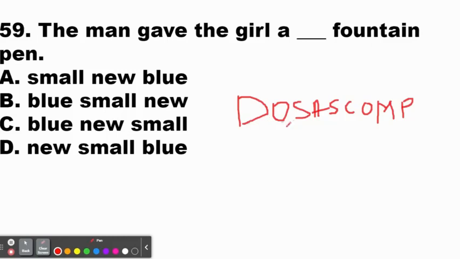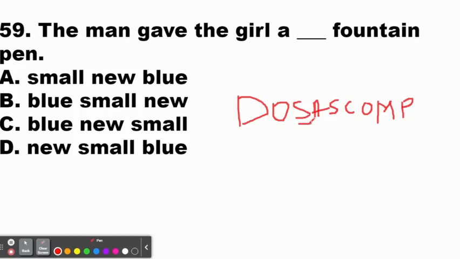Now, this is the order of adjectives. D stands for determiner, O for opinion, S for size, A for age, S for shape, C for color, O for origin. Now, the first O is opinion. This one is origin. Then M for material and P for purpose. So here, small is size.